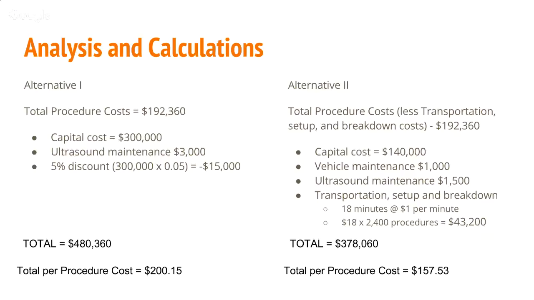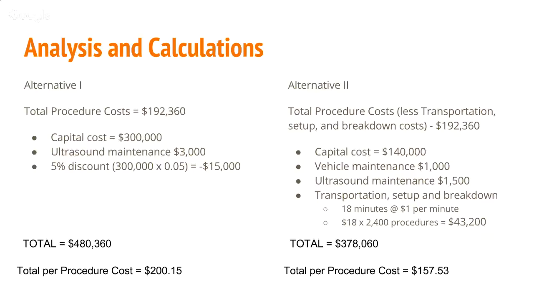If we bought the 3 machines from a vendor, they would offer a 5% discount on the purchase. The result of the discount is $15,000. Then we add all the costs up. Alternative 1 has a total cost of $480,360. Then we divide the total cost by 2,400 to get the total cost per procedure, which is $215.